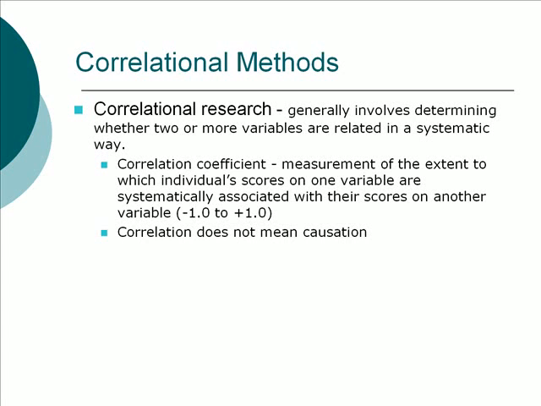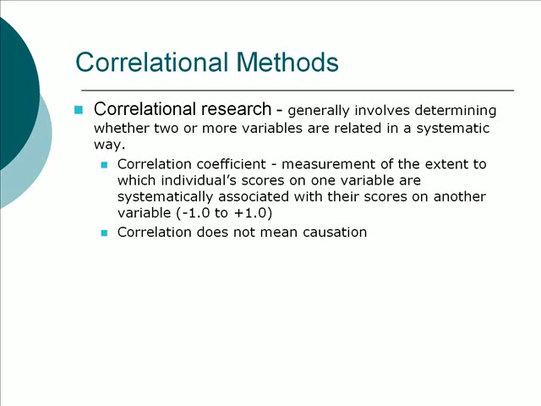A perfect example of this is that there's a very high positive correlation between foot size and achievement in children. In other words, every time a child's foot size grows, their achievement tends to also go up. Now, does this mean that you want to start stretching children's feet so that they can become better achievers? Of course not.